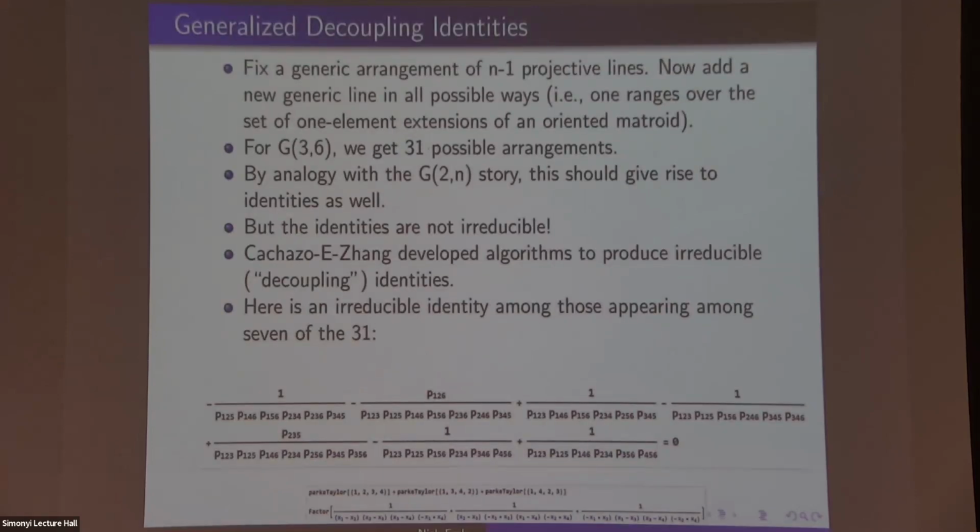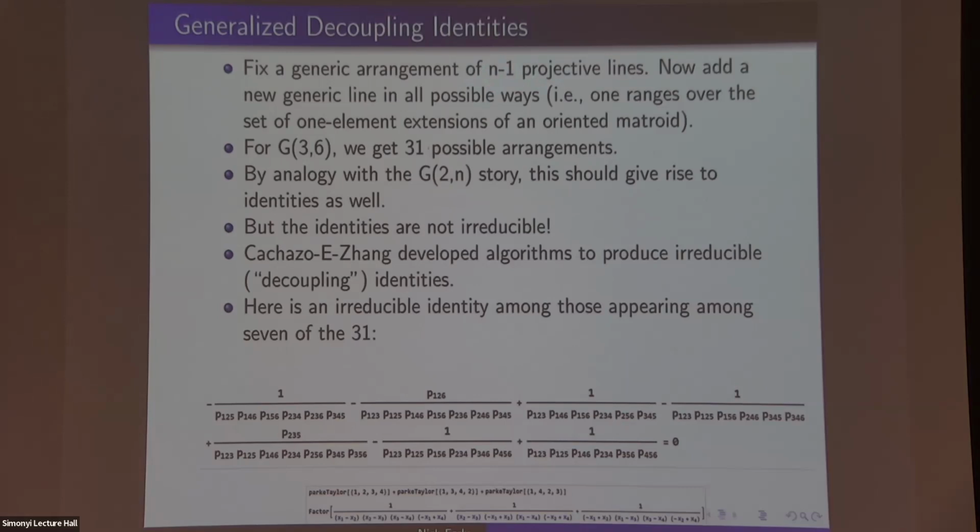Okay, so you remember we had this decoupling identity for Parke-Taylor factors on M0n. There's P1234 plus P21345, like that. Well, you'd like to find analogs of such identities for X36, for X(k,n). Right, so you take the generic line arrangement of n-1 projective lines.